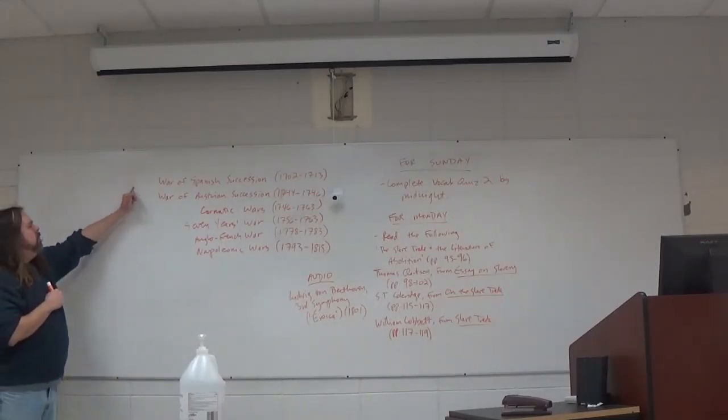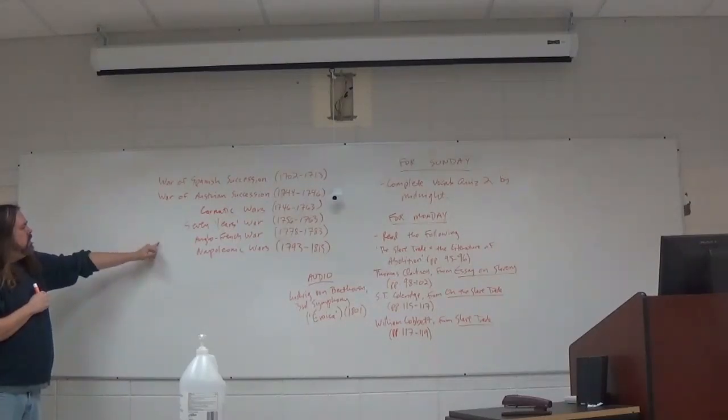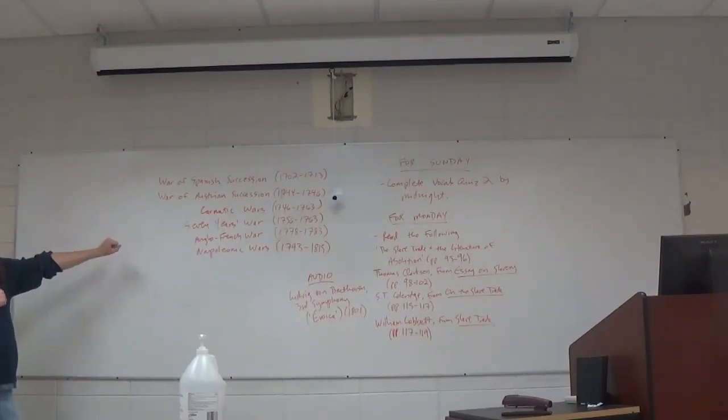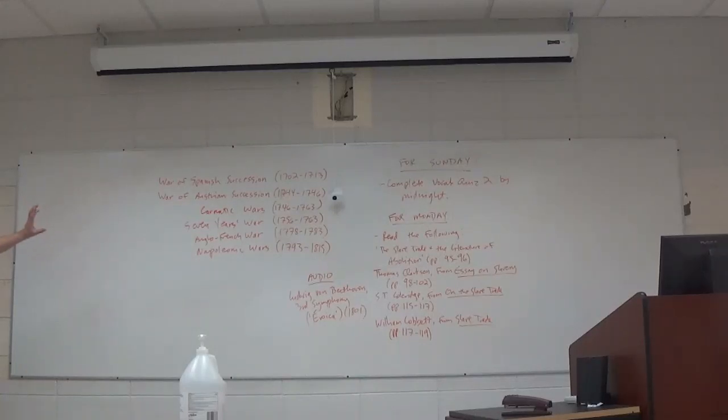What I've got up here on the board is a list of wars between Britain and France in the 18th century. So just look this over, look at these dates, and what do we determine from just looking at all of these dates?